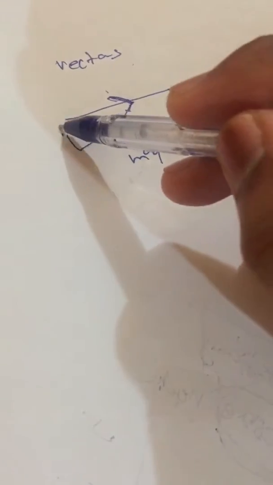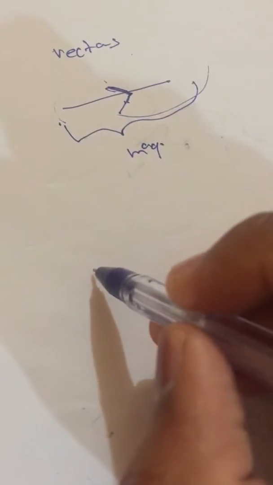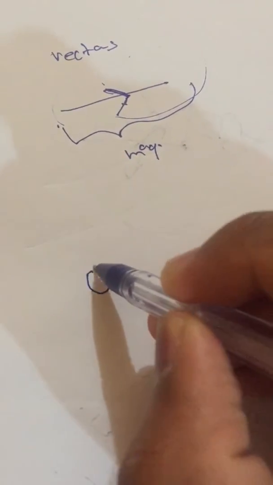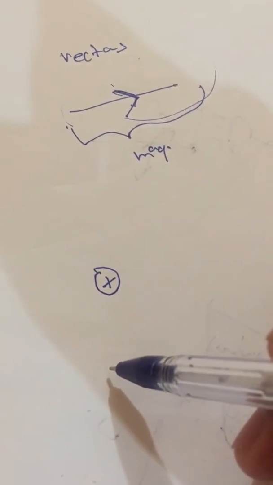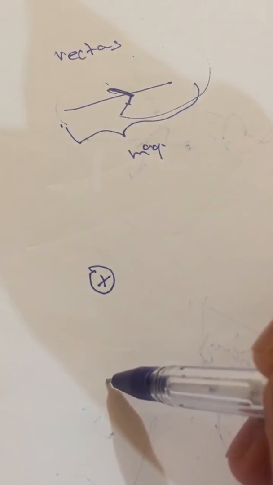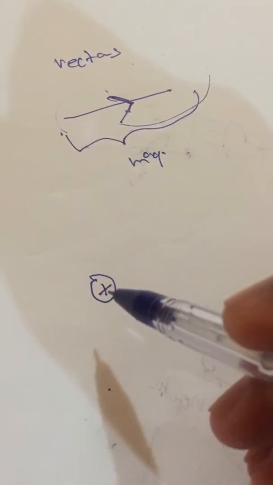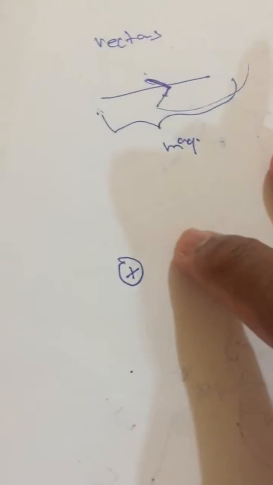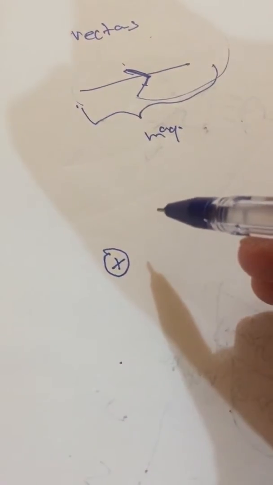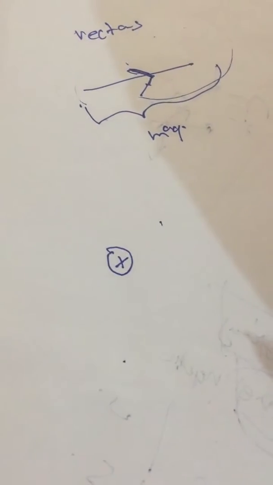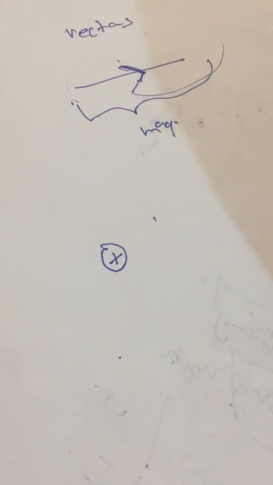Now it's not possible to use a similar idea here. Let's say here is a positive charge and we want to denote the electric field. This is a region of space where a positive stationary charge is going to experience a force, right?